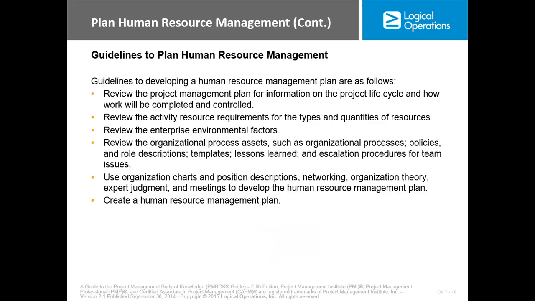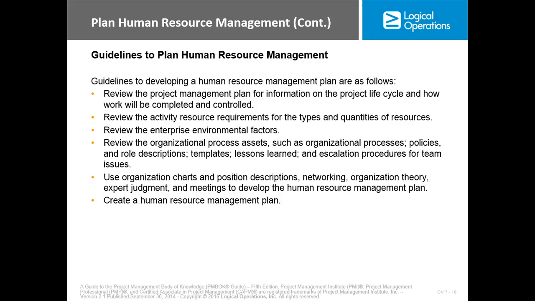Now, guidelines to plan human resource management. We review the project management plan for information on the project lifecycle and how work will be completed and controlled. Review the activity resource requirements for the type and quantities of resources. Review the enterprise environmental factors.